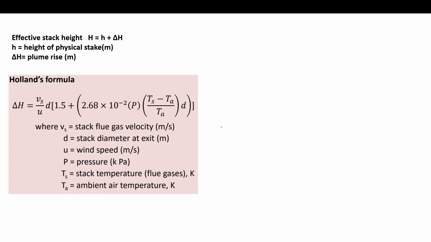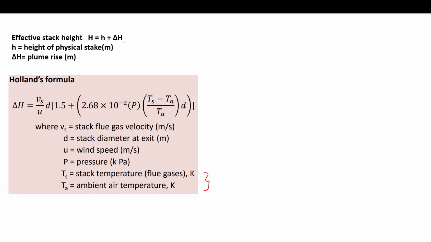So the pressure at which the exit is happening and the outside pressure, because that will create a gradient and it will affect the flow. Obviously, another gradient could be temperature gradient, right? So depending on that, by this factor, you can calculate how much will be the spread of that plume, and based on that, you can have a calculation of effective stake height.